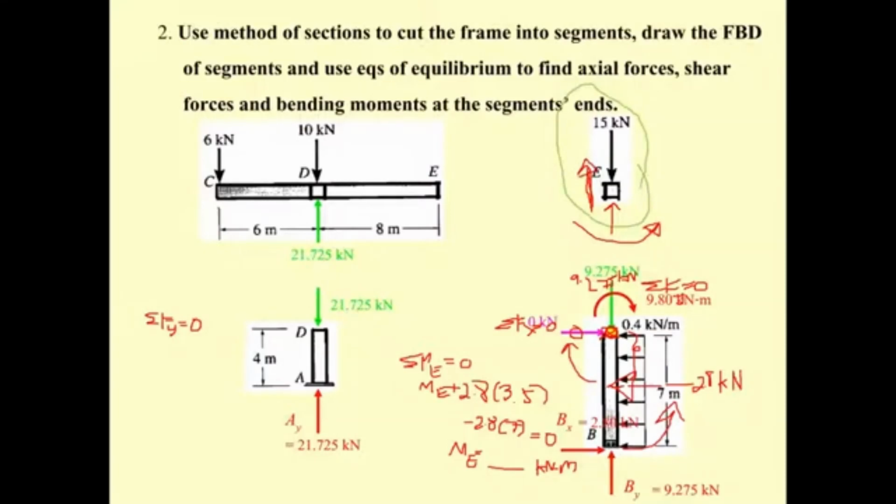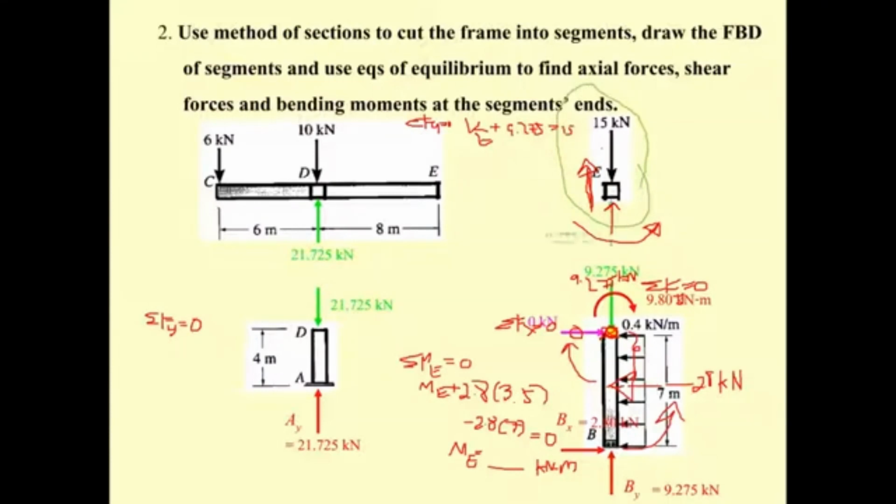So the shear here, the summation of F sub y equal to 0. The shear at E is upward. It's going to be plus 9.275 plus V sub E, and this is going to be equal to the 15.